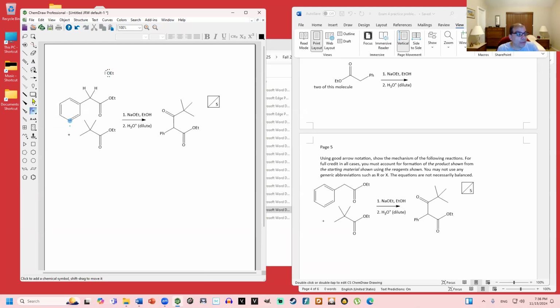But the mechanism is going to start with deprotonation at the only place that has any acidic protons, which is next to the carbonyl of the top ester.